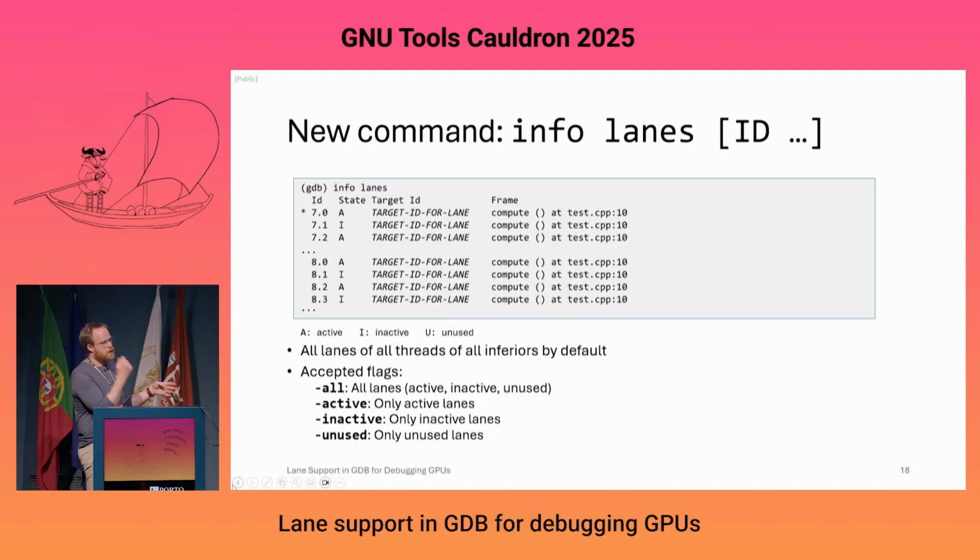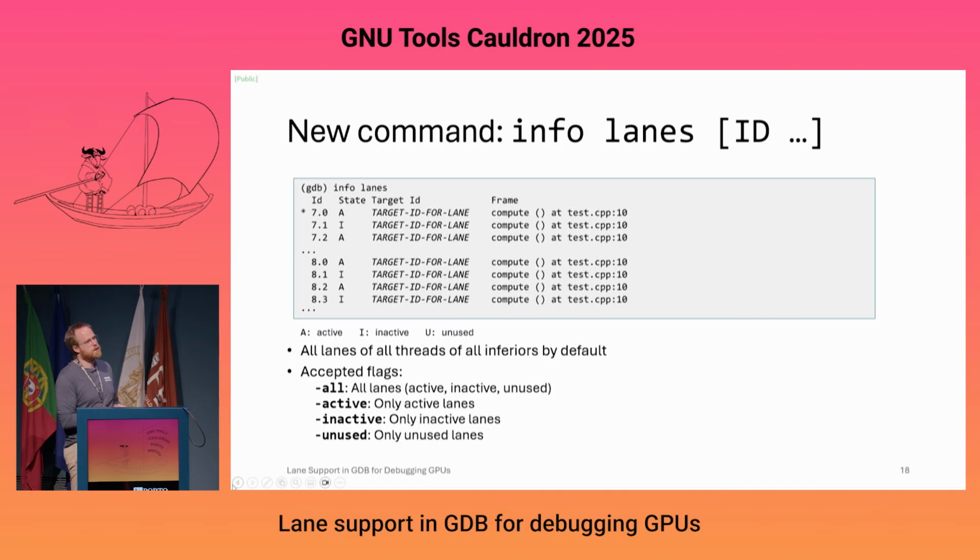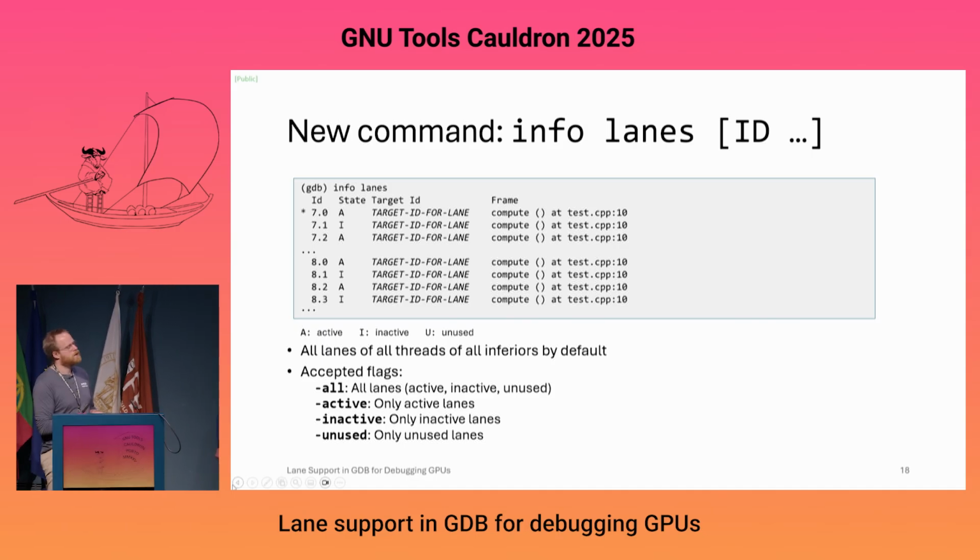And again, we have the same implicit completion of the triple. So if you just do info lane star, that implicitly means the current thread of the current inferior, and that is probably what is going to be used quite a bit. So info lane star is going to be the go-to command.